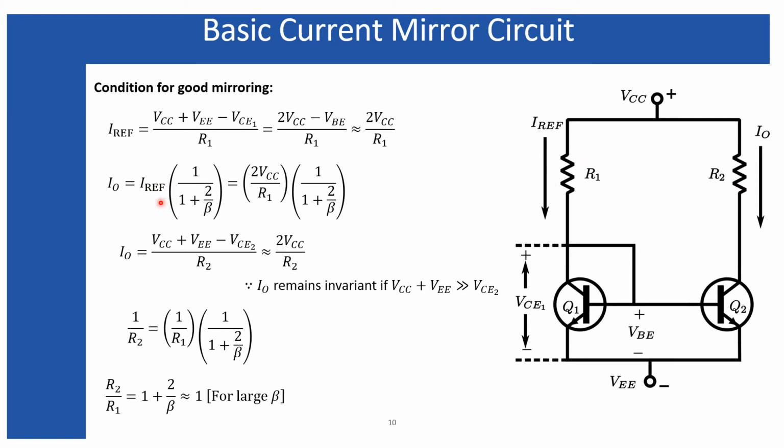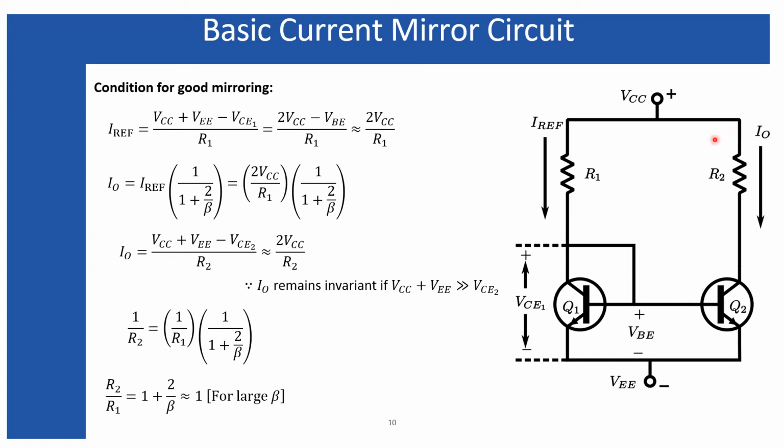Now I naught is the current being copied from this reference current, and the expression I already obtained in my earlier slide. Here I am replacing the expression for Iref that I just obtained, and I get I naught having this expression of VCC and R1 along with 1 over 1 plus 2 over beta.